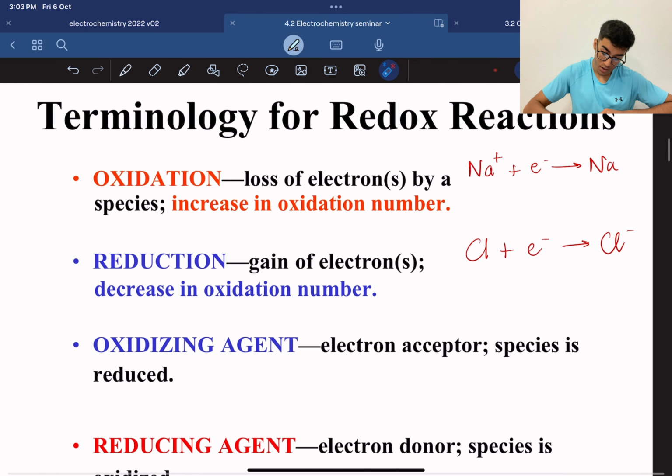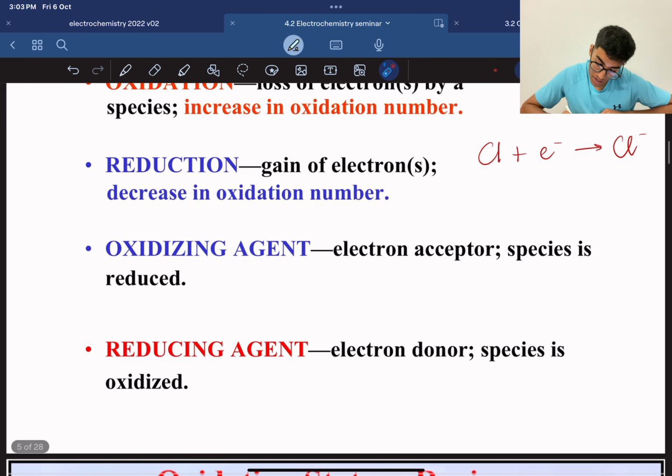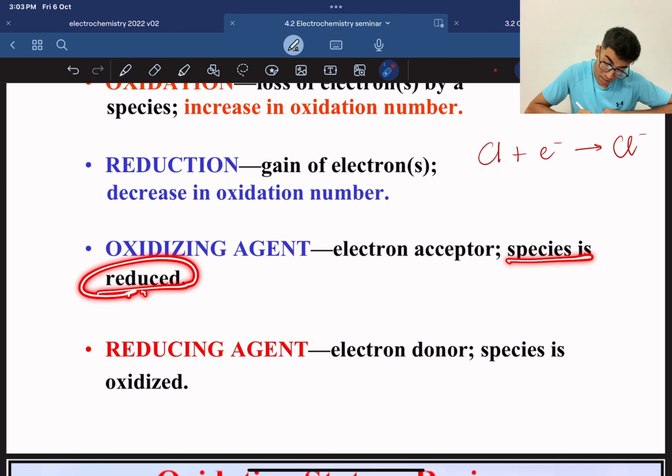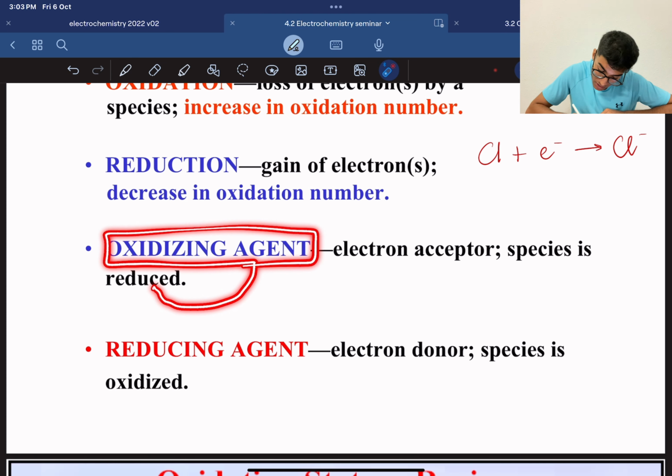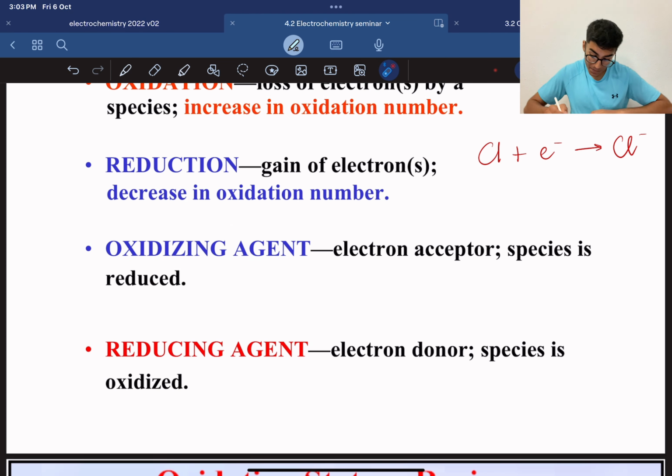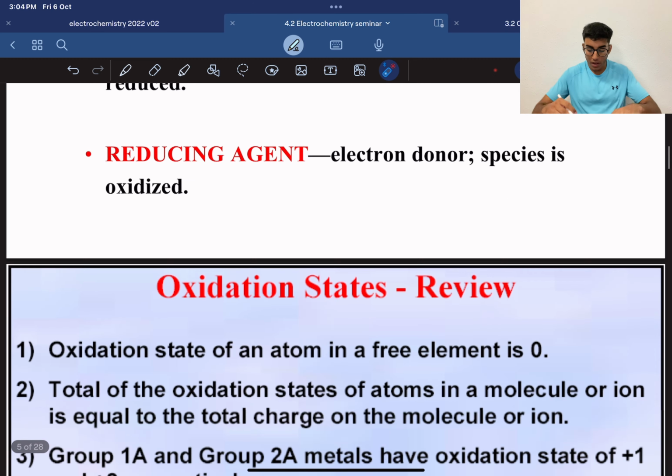So let's look at the definitions here. Electron acceptor, being accepted an electron. The species which gets reduced are nothing but oxidizing agents. Reducing agent is the same thing but opposite: electron donors, species is oxidized. I hope it's easy.